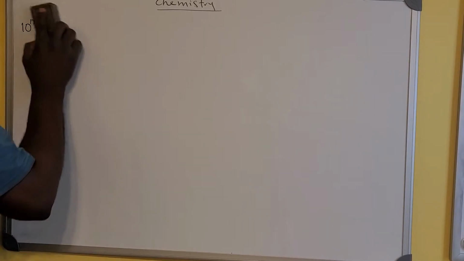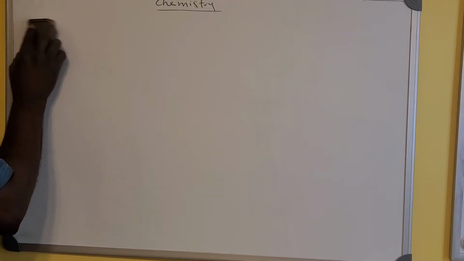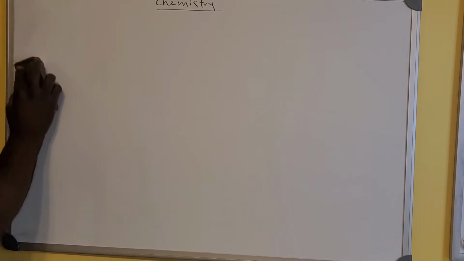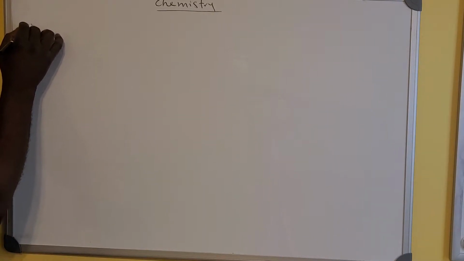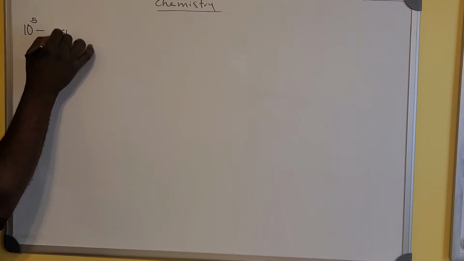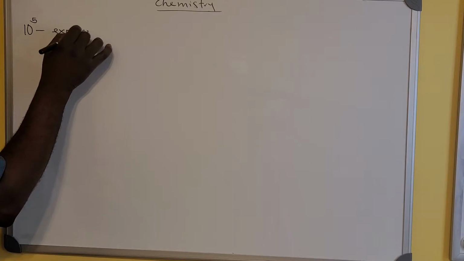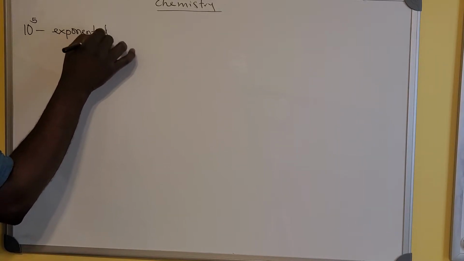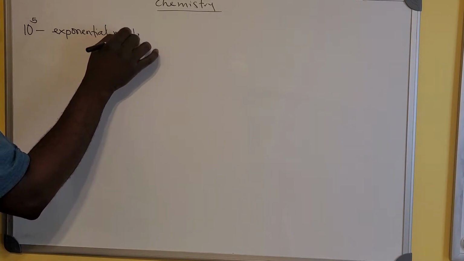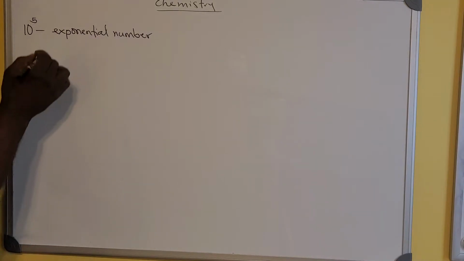This is something that you also have learned in high school or elementary school, where they teach you how to add exponents. We call these exponents. So when you see a number like 10 raised to the power 5, it is an exponential number, and we usually call it exponents.